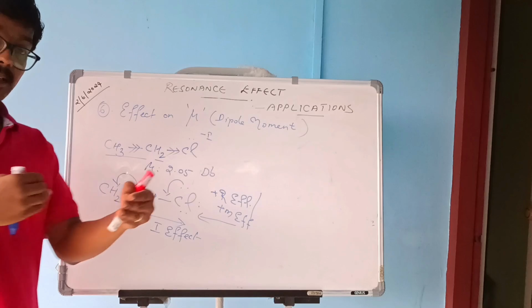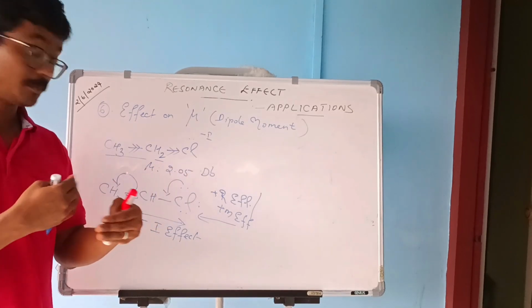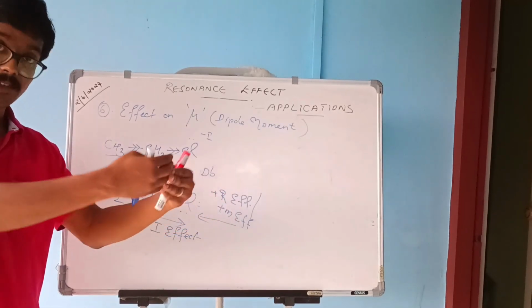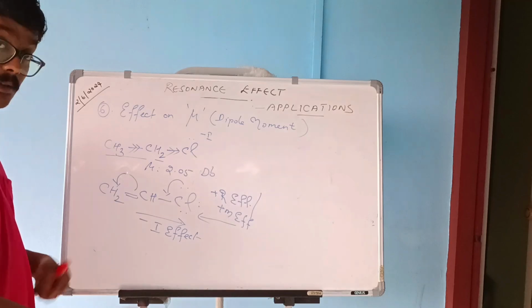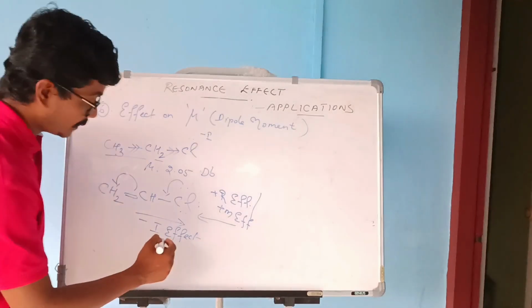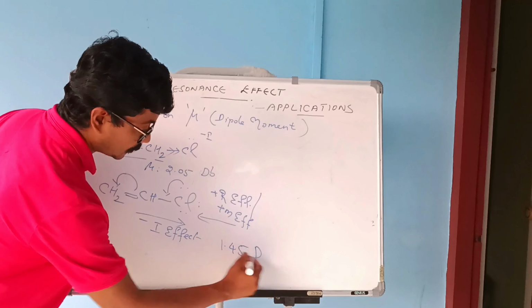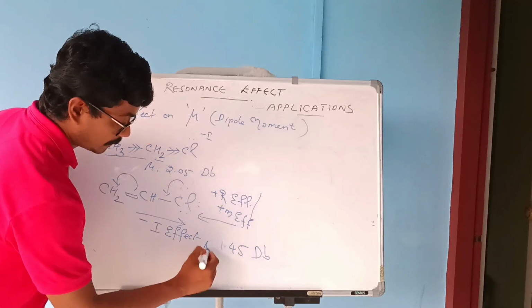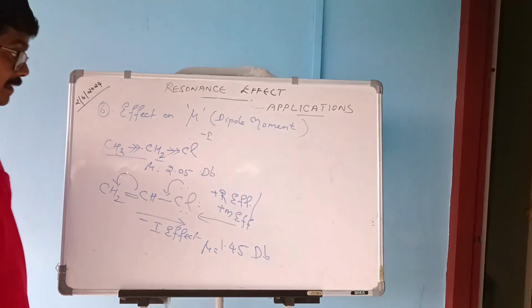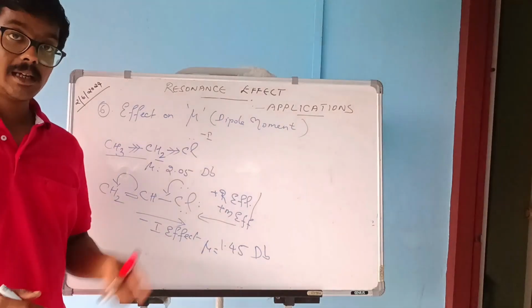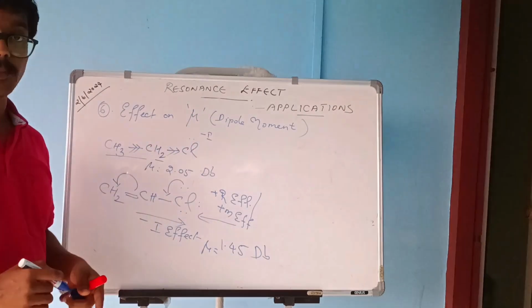So the minus I and plus R or plus M effects are in opposite directions. As a result, the dipole moment decreases. So this is the effect of resonance on dipole moment.